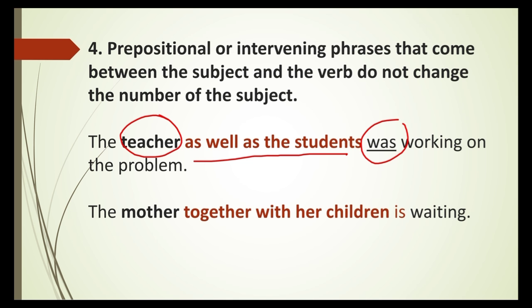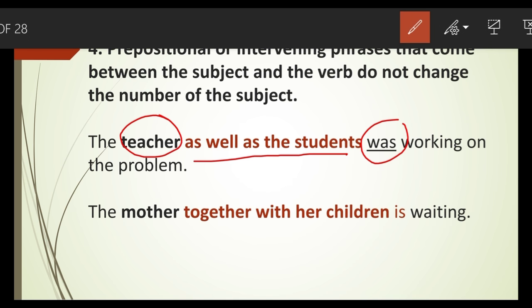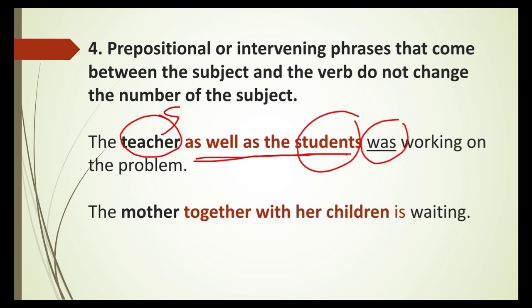So, dito, teacher is singular. Yan. So, singular yung ating subject. Ngayon, baka malito kayo kasi nga, meron na kayong nakitang as well as the students. Tapos, biglang, ang pamimilian was or were. You might choose were kasi nga nakita nyo yung students madami at saka yung teacher kasama niya yung students. But no. Always take note that intervening phrases, prepositional phrases, hindi sila nakakaapekto.